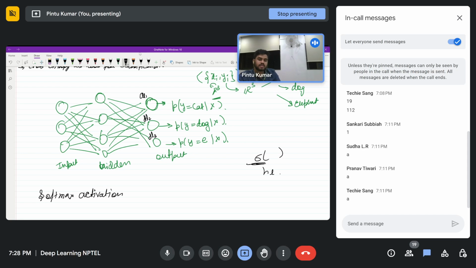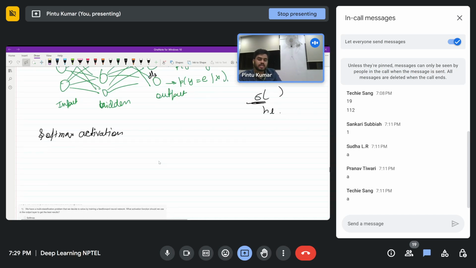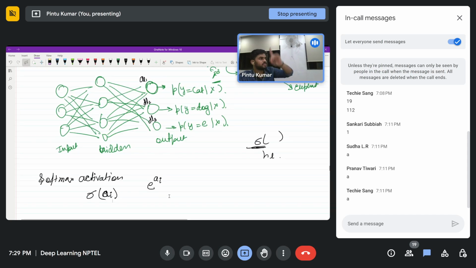So, what is softmax activation? Softmax activation is nothing but e to the power ai, and let's say this is sigma of ai. One more thing that I want to mention is that all these activation functions that we apply on some layer act element wise.